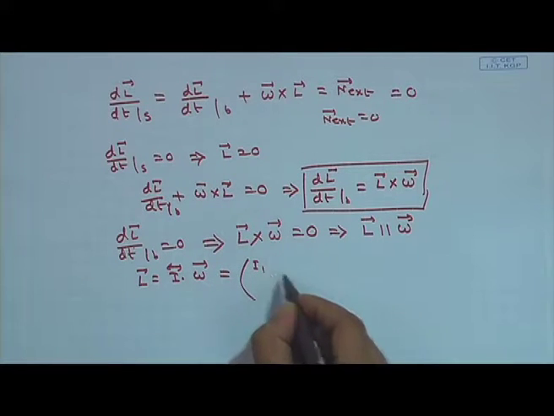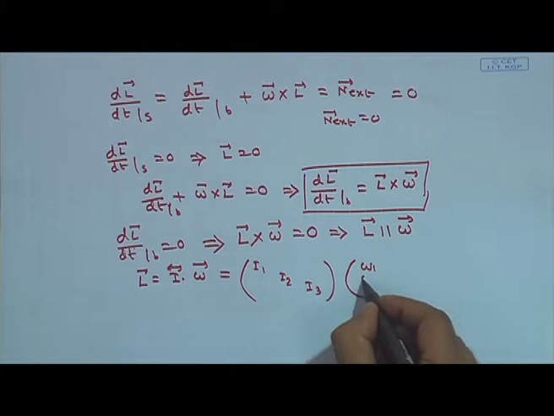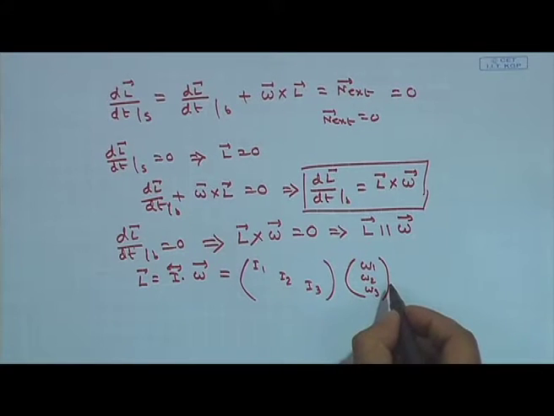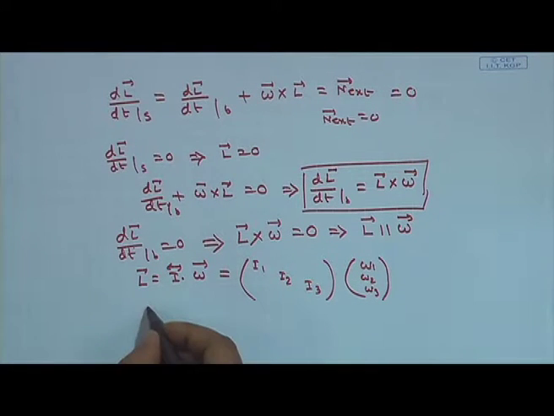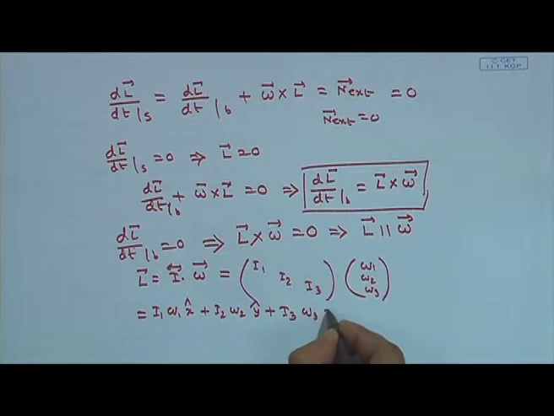We get I1, I2, I3, omega 1, omega 2, omega 3. So, this will give you, around a principal set of axes, L equal to I1 omega 1 x cap plus I2 omega 2 y cap plus I3 omega 3 z cap, right?